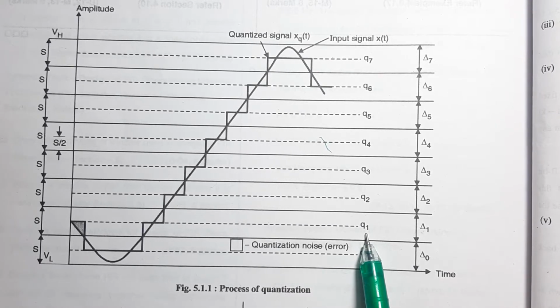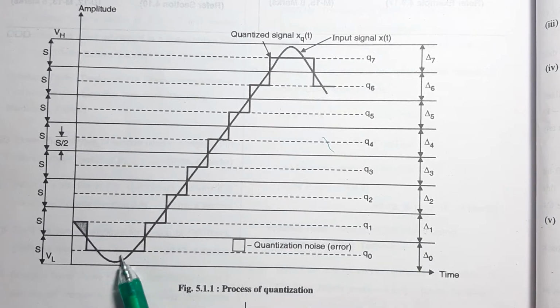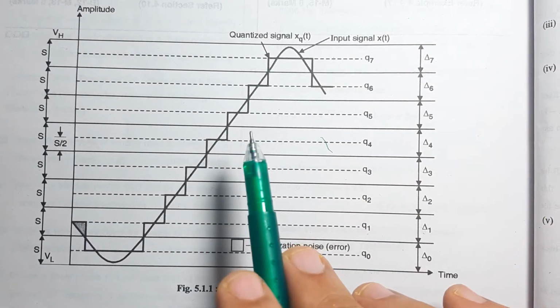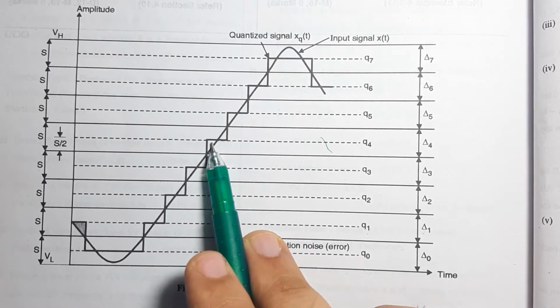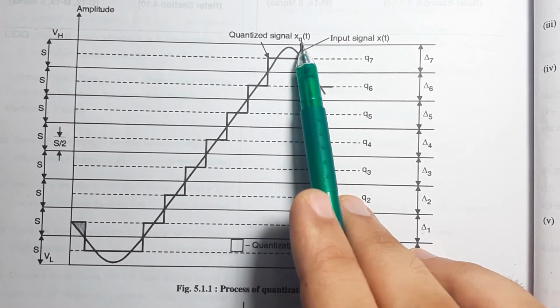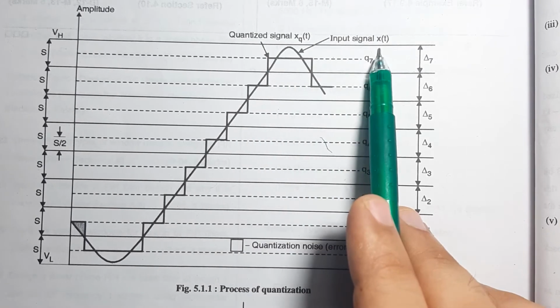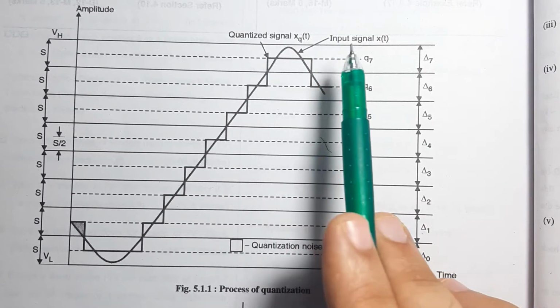Thus in each range from delta 0 to delta 7, the signal x of t, that is nothing but a sine graph, is rounded off to the nearest quantization level and the quantized signal is produced. Now the quantized signal xq of t is an approximation of x of t. The difference between them is called the quantization error.